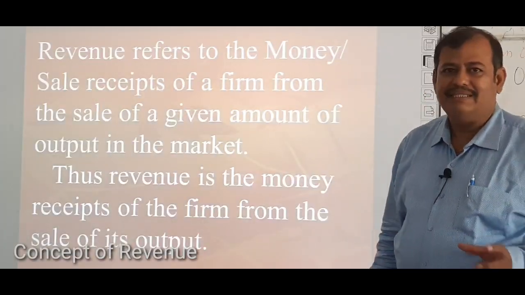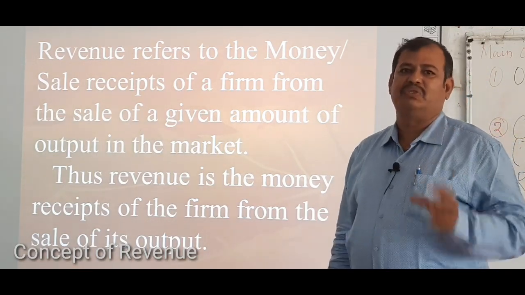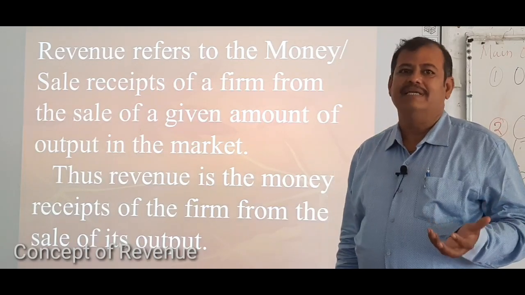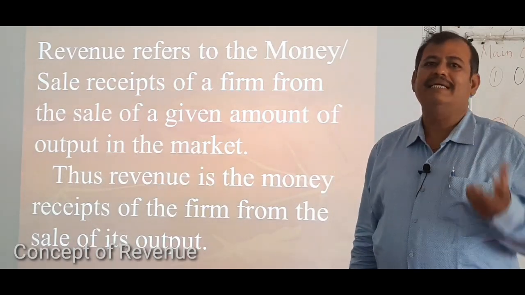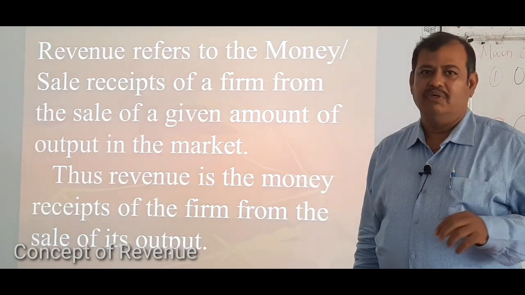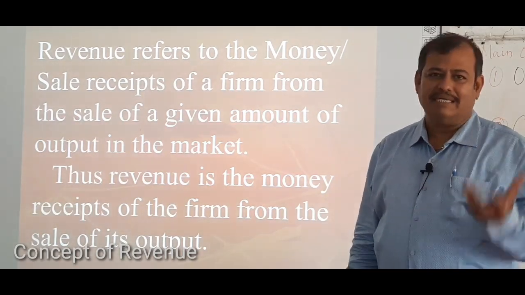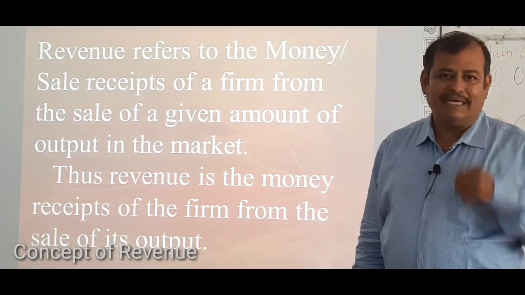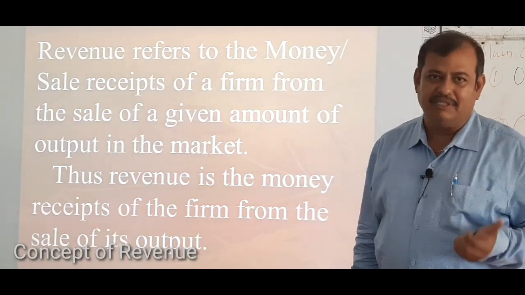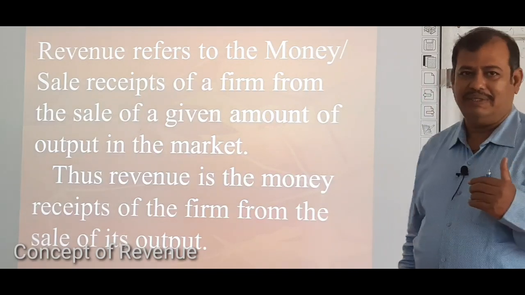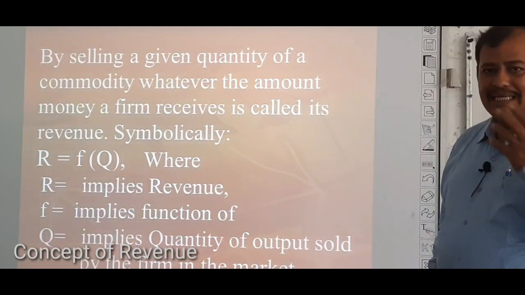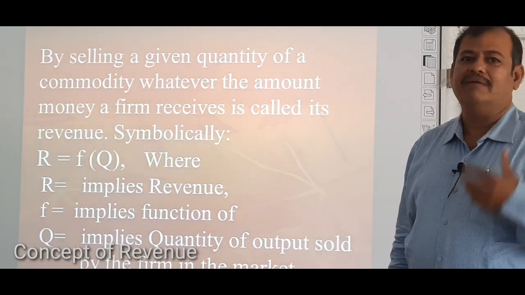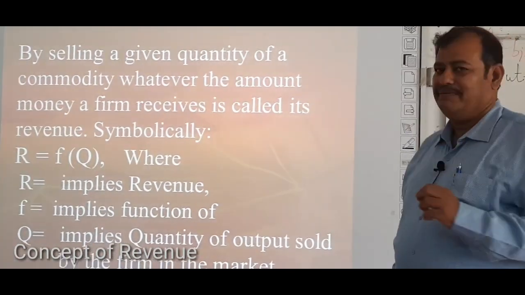Thus, what is revenue? Revenue refers to the sales receipts or the monetary receipts earned by the firm by selling a given amount of output. Whenever the firm is selling a given volume or quantity of output in the market, whatever sales receipts or monetary receipts the firm is getting is known as revenue.